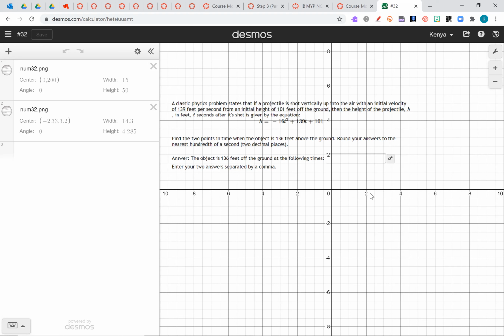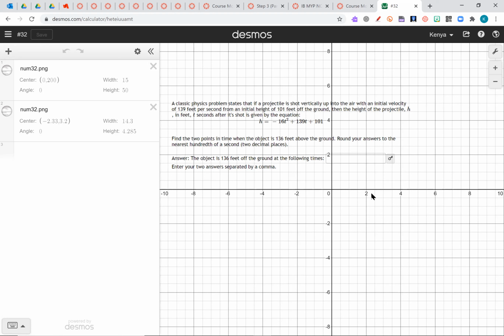We have only one question here: find the 2 points in time when the object is 136 feet off the ground. Round your answer to the nearest hundredth of a second, to 2 decimal places.